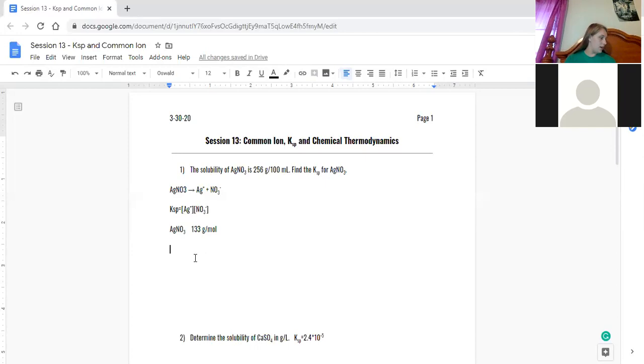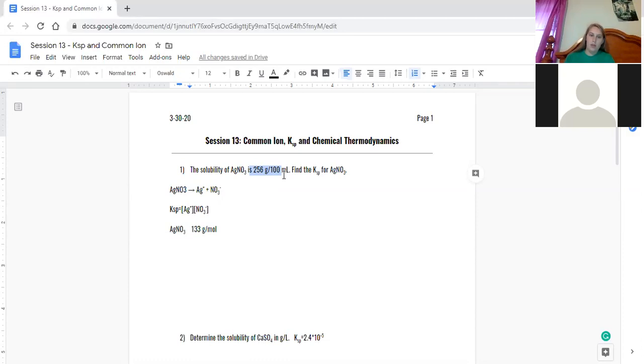That would probably be faster. First off, we need to put this into grams per liter to make that easier to begin with.